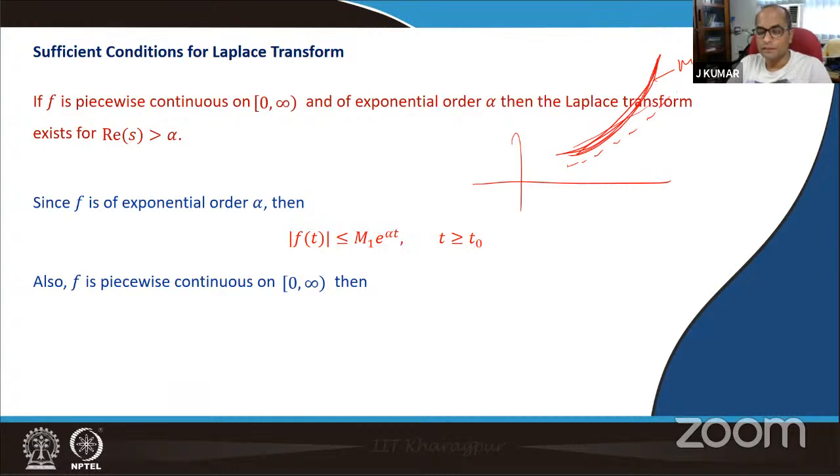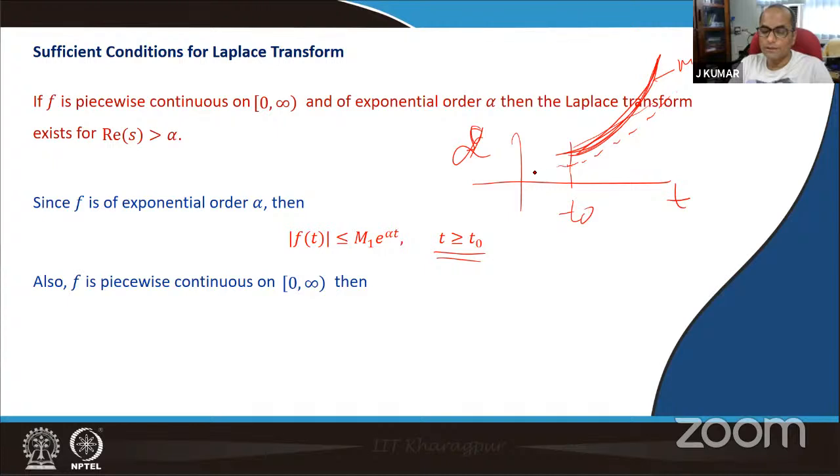So this is what we mean by f being of exponential order, and the condition says that this should happen for all t greater than t naught. So there should be some t naught here on the t axis, with the y axis where f is as given. For t greater than t naught, this should be the case.